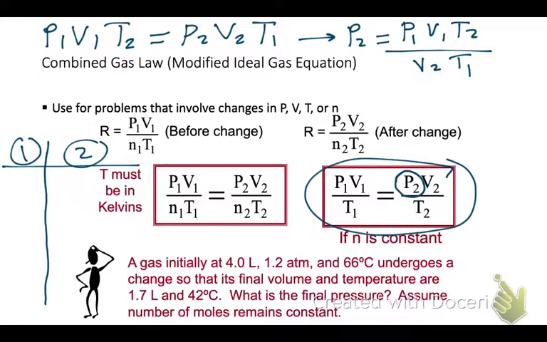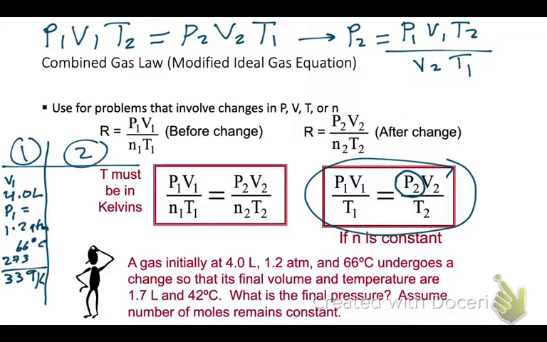Before and after. So the before, you have V1 at 4.0 liters. You also have P1 at 1.2 atmospheres. Then you have 66 degrees Celsius, immediately add 273 to that, so this is 339 Kelvin.